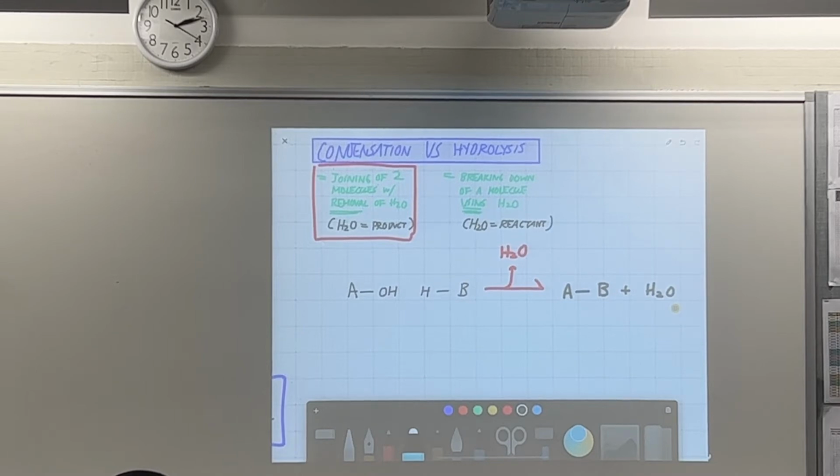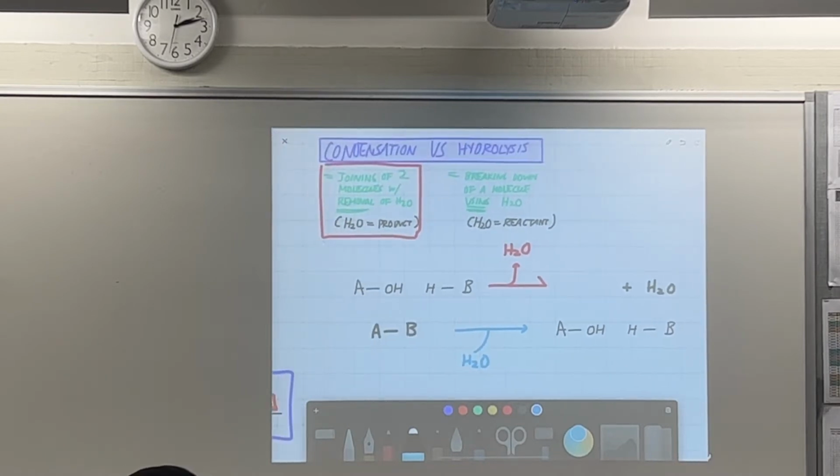But when you turn AB back into AOH and HB, you need to put back water. So you need to put in water. This is why H2O is a product in this reaction, and it is a reactant in the second reaction.